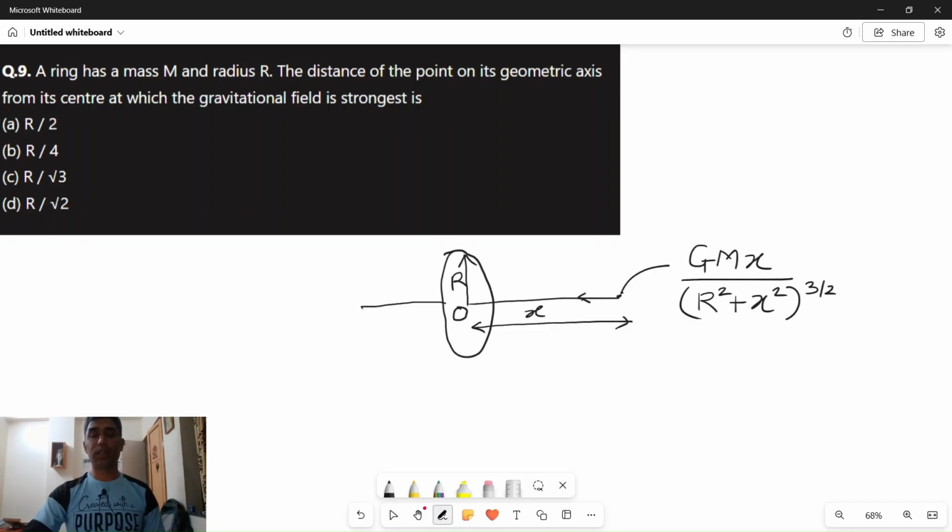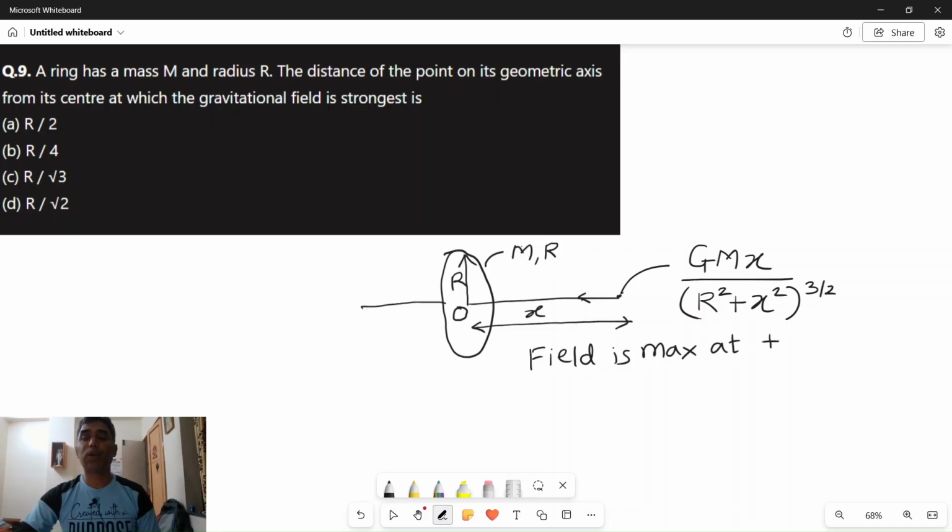So this is the gravitational field of a ring of mass m and radius R. Now the field is maximum at x equal to plus or minus R divided by root 2. It's a very standard answer. So if we look at the options, option D should be correct.